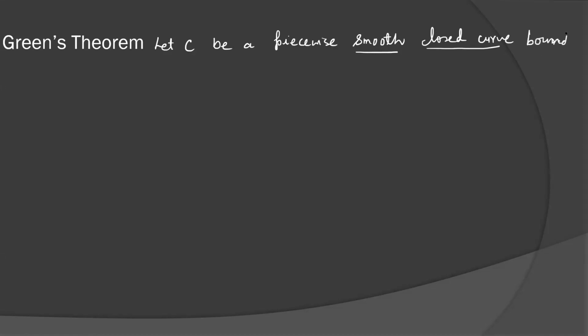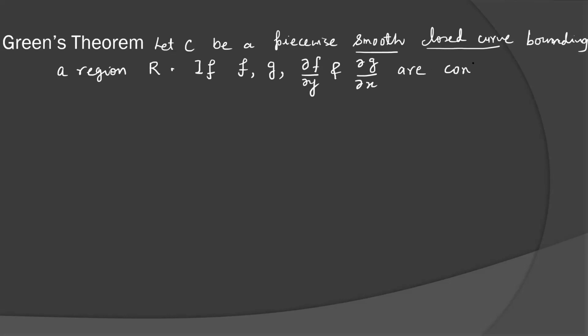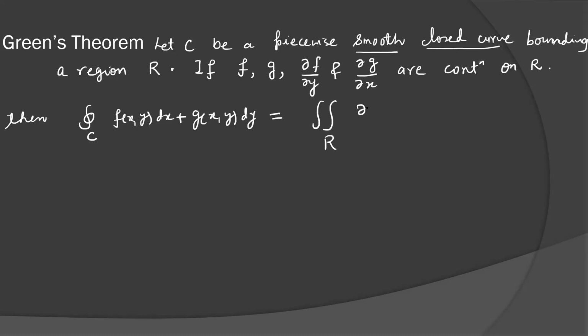Bounding a region capital R, if f, g, del f over del y and del g over del x are continuous in region R, then the line integral for the closed curve of f(x,y) dx plus g(x,y) dy is equal to the double integration over region R of del g over del x minus del f over del y dx dy.